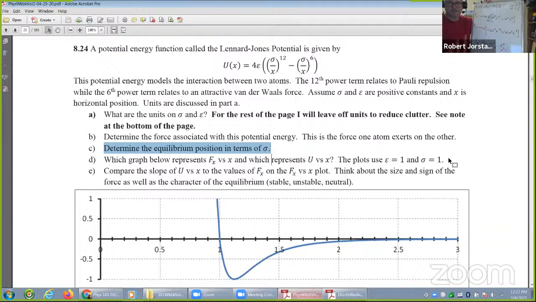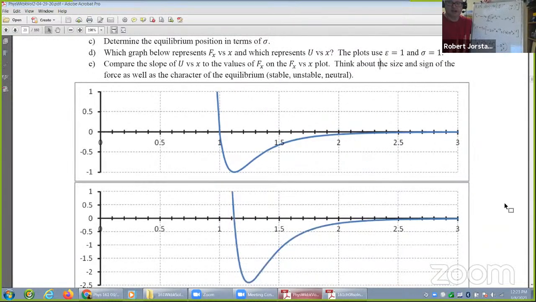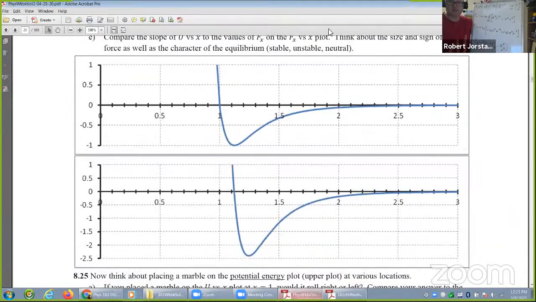But right here, which graph is f of x and which is u of x? So if I scroll down here, I hope you agree that x is all on the horizontal axis for both of these. So this is x on this axis. And what we're told here is this is u and this is f sub x. And the idea here is, look at this spot right here.